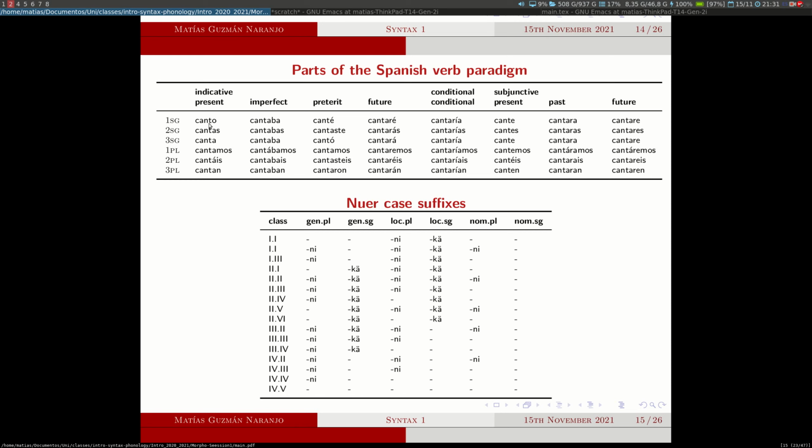For example, cantar is in one inflection class. The combined set of forms, let's say morphemes in this case, for a lexeme makes the inflection class of that lexeme. In the case of Nuer, there's inflection for case and number. So we have genitive, locative, and nominative, and singular and plural. So we have 6 cells in the paradigm, 16 classes, and very, very interestingly, we only have 2 markers.